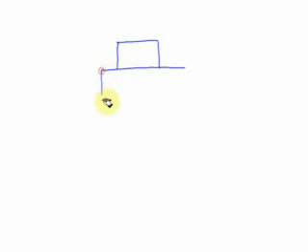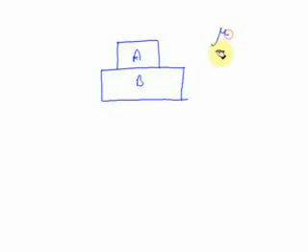So for example, suppose we have two blocks, block A and block B, and the value of coefficient of friction for the surface in contact is mu, and the value of normal force acting on block A and block B is n.